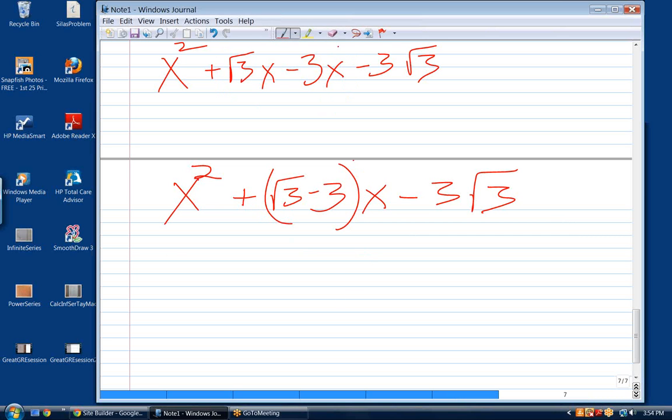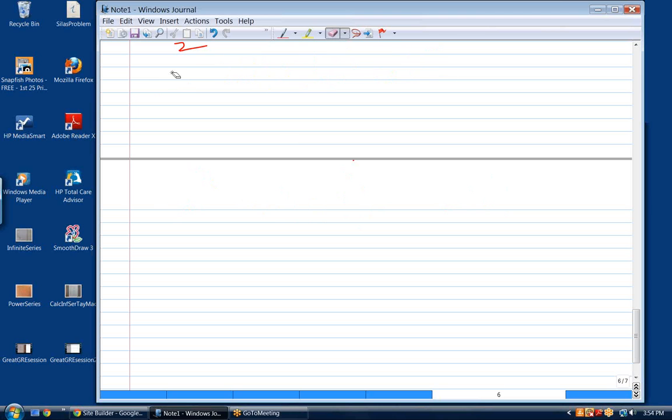All right, another one. Oh, this one looks fun. Okay, so x equals 1 plus the square root of 3, and x equals 1 minus the square root of 3. These come in pairs like this.